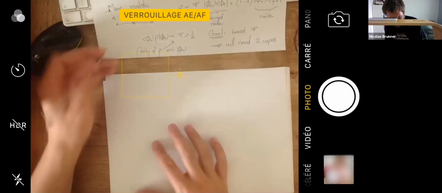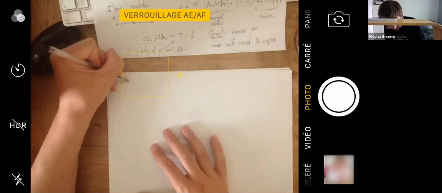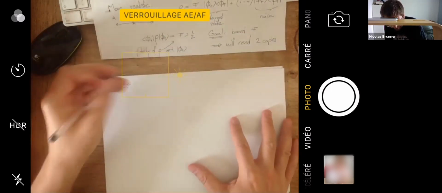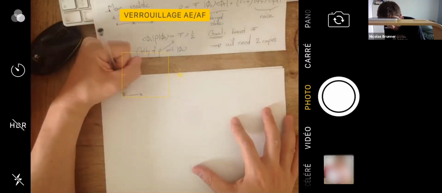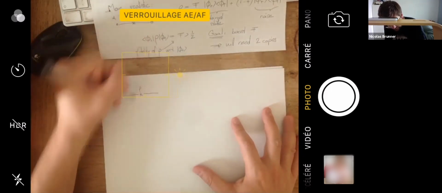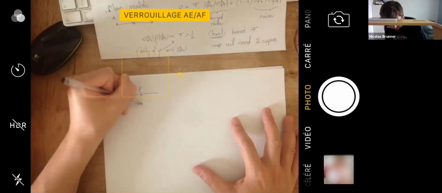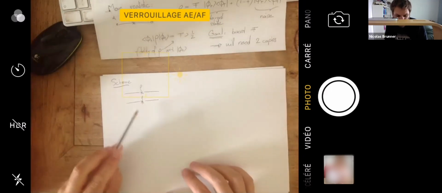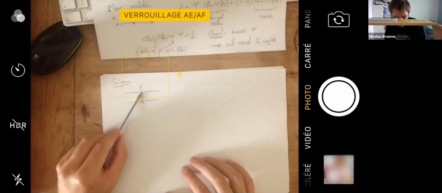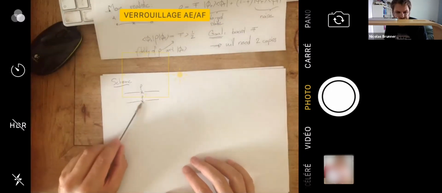So here is the scheme. I was planning to do it there, but maybe I copy it again. I have my source producing rho. I will write here another source that also produces rho, but you could just imagine it's the same source used at different times.